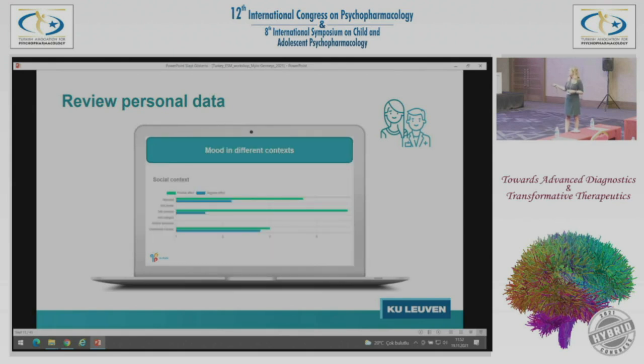But then we also look at mood and symptoms in relation to different contexts. So you actually want to see, is there a relationship between how people feel and the context they're in? So for example, here we provide the association between the social context they're in and their positive mood.